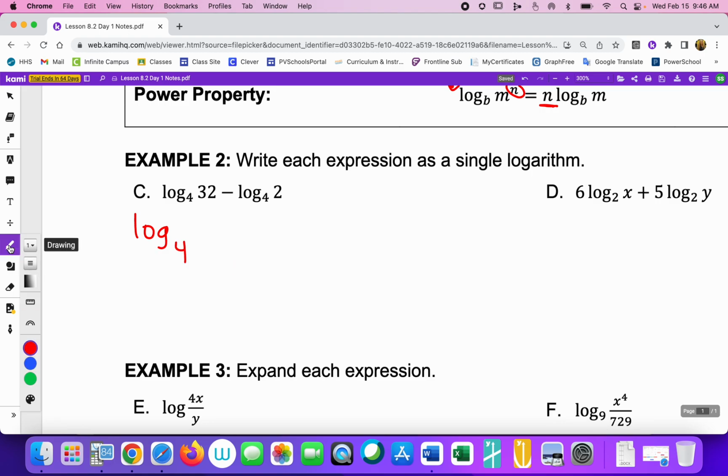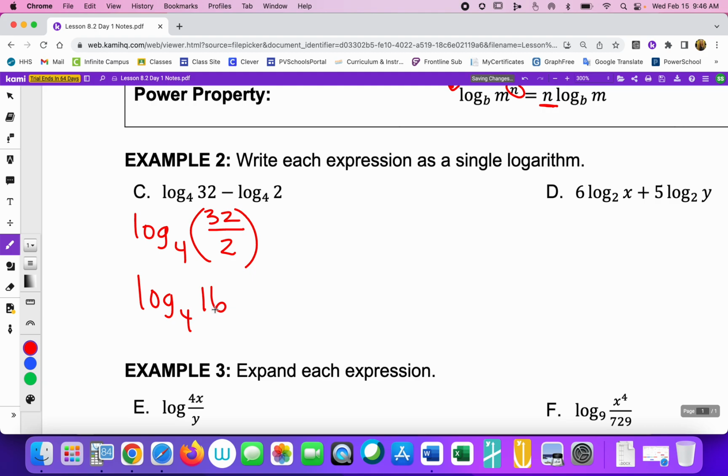The first number, which is 32, goes on the top of the fraction, and the second number goes on the bottom. Now, if you can reduce this, you do need to. Does 32 divide by 2? It's 16.